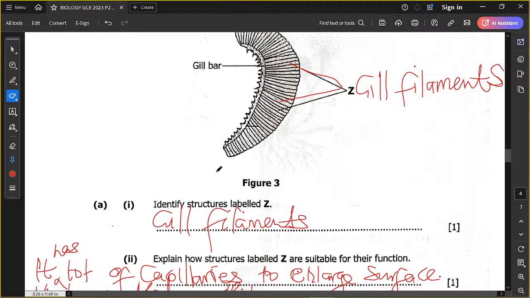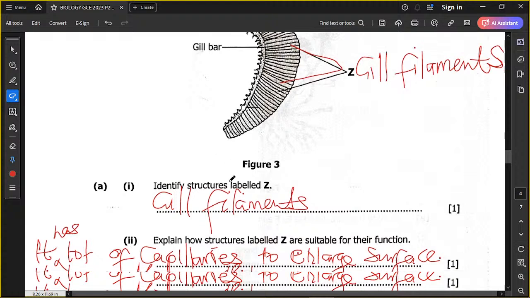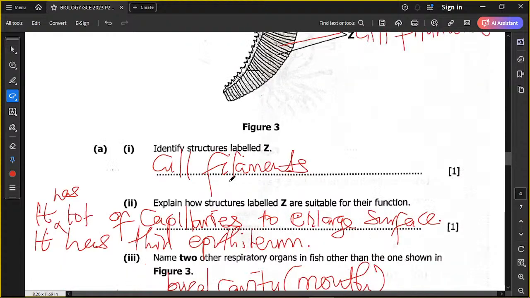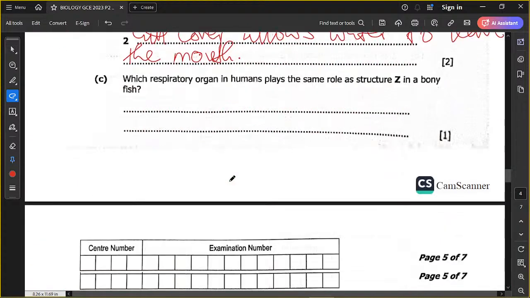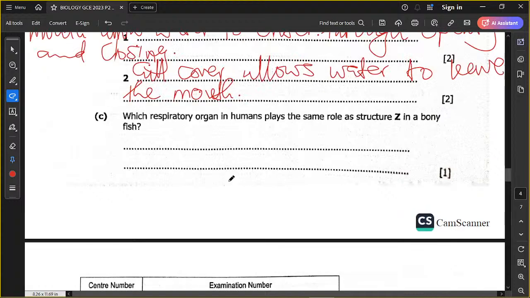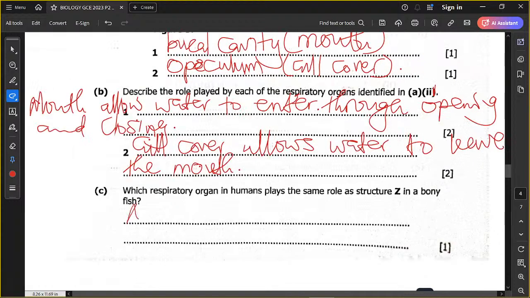Yes. So which respiratory organ in the human body extracts oxygen from the air? The air sac, or alveolus.